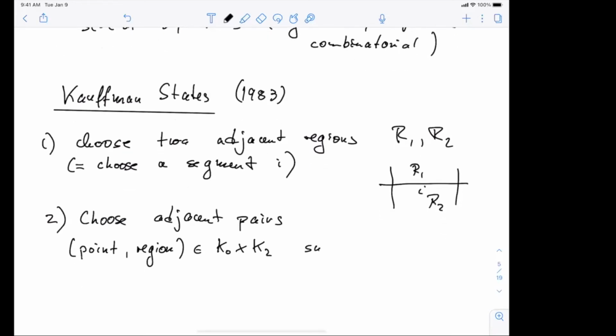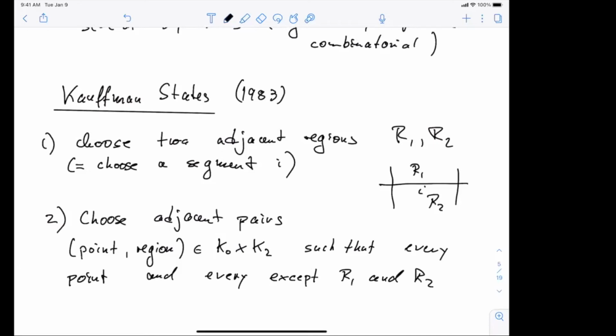We do this such that every point and every region except R1, R2 appear in exactly one pair.